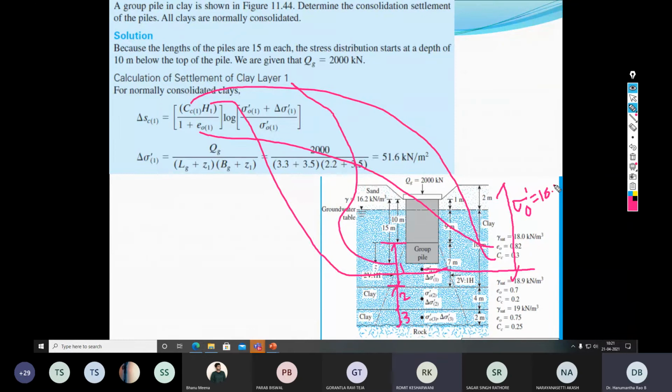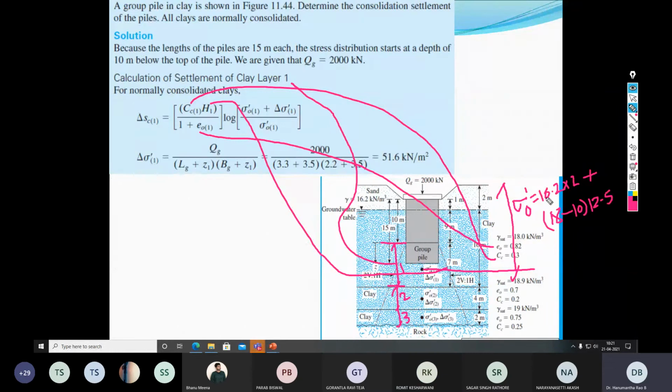So it is 16.2 into 2 plus, and for the clay layer, 18 minus 9.8 into... Yes, just try to understand, the groundwater table is at a depth of 2 meters from the ground surface. So therefore 18 minus 10 into... Sir, 12.5. 12.5.